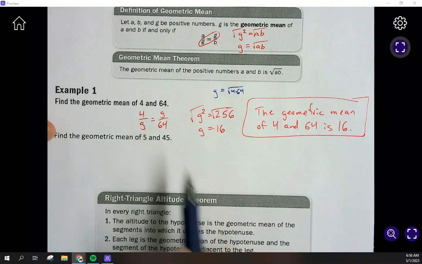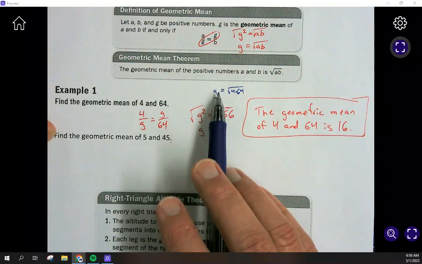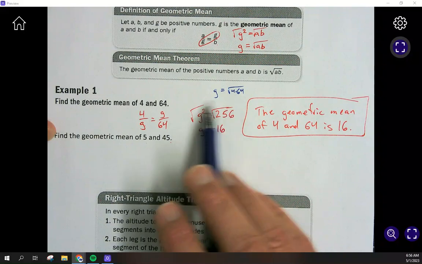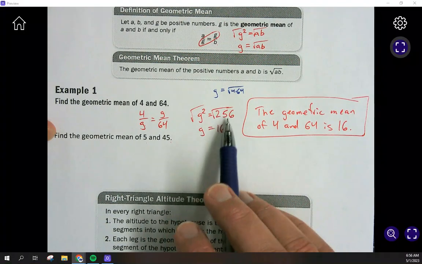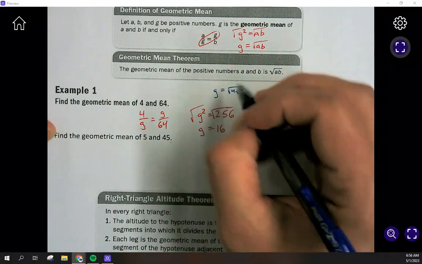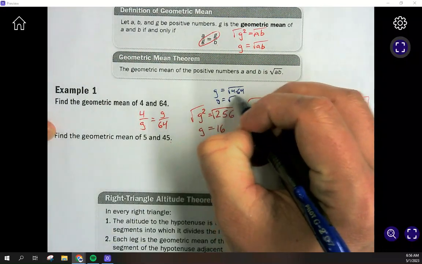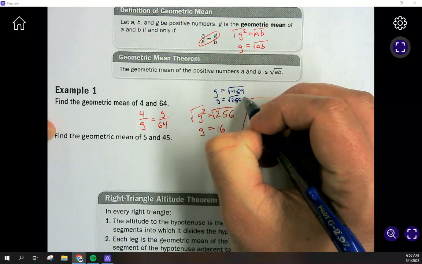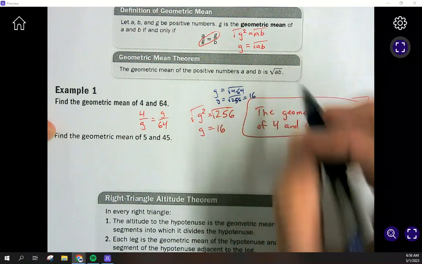But I wanted you to see where this is coming from. But if I went straight to this, 4 times 64 would have got me the 256, and then I would have ended up right here having to take the square root of 256. So we can write that out. g equals square root of 256, which equals 16.